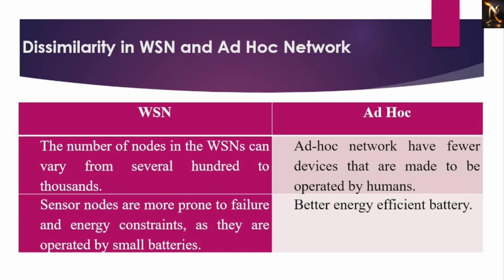In contrast, in the case of ad hoc networks, nodes may possess more diverse capabilities and can be tailored for general-purpose devices. Ad hoc networks typically have fewer devices designed for direct human operation. These networks are equipped with superior energy-efficient battery and power management systems, ensuring a longer lifespan and extended working hours.